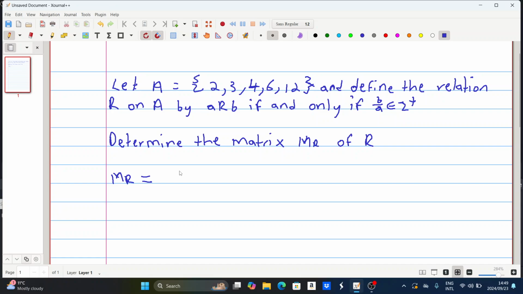We're going to draw our matrix blocks with 2, 3, 4, 6 and 12 down the side, and then we'll have the same thing on top, 2, 3, 4, 6 and 12.